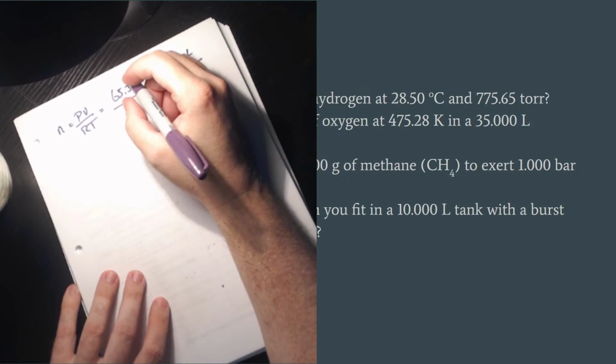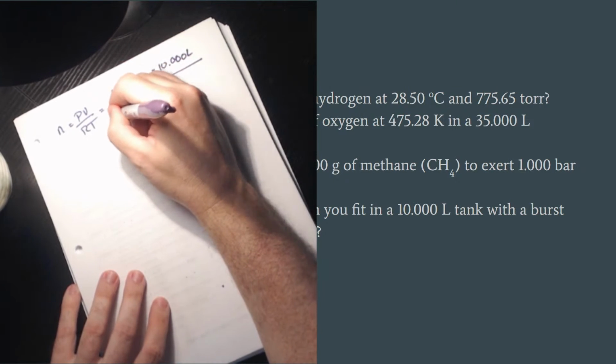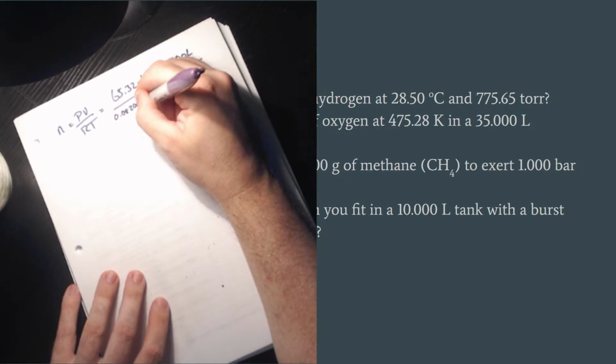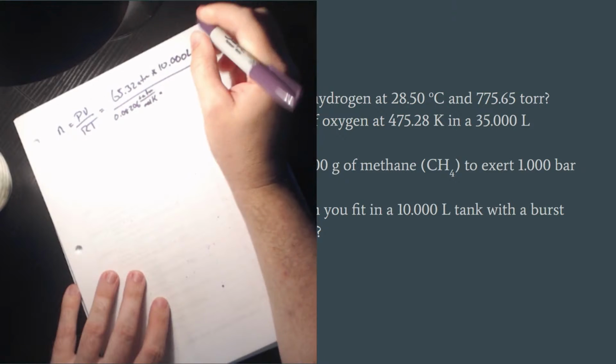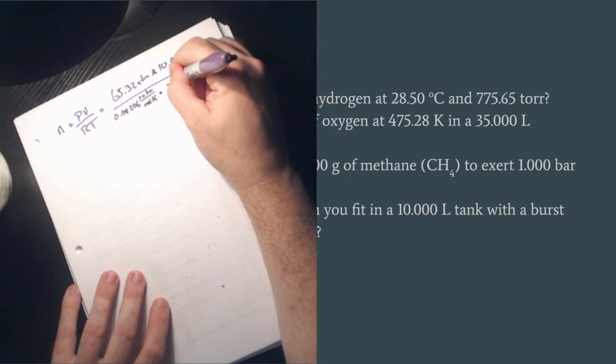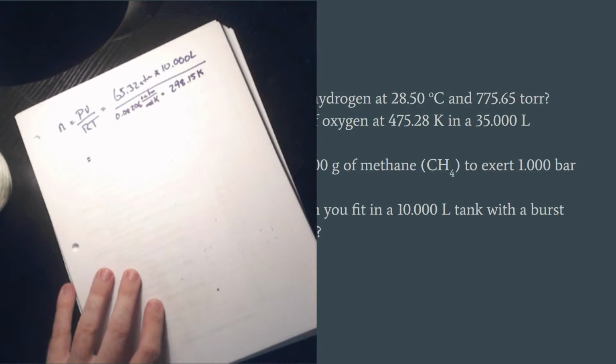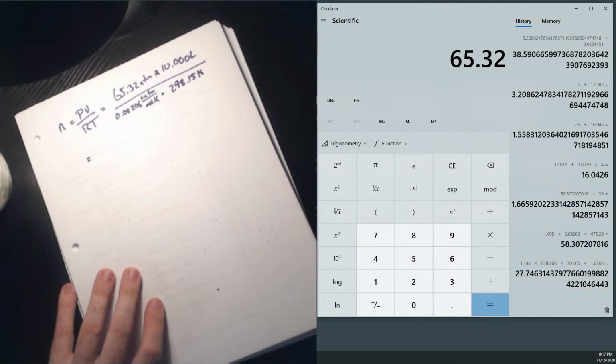And R is 0.08206 liter atmospheres per mole Kelvin. The temperature is room temperature, so 298.15 Kelvin. So, need the calculator up, 65.32 times 10 divided by 0.08206 times 298.15.